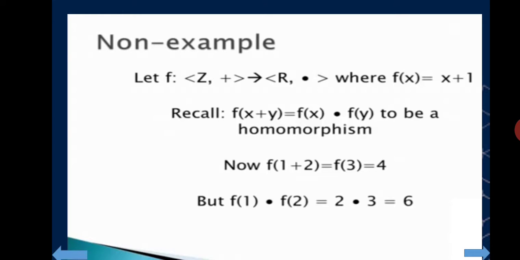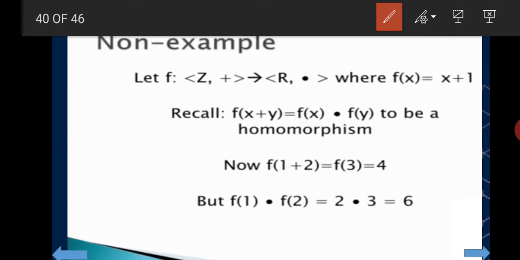So now we have f of 1 plus 2, which is equal to f of 3. Then we need to plug 3 into our function x plus 1, and that would result in 4. But if we plug 1 into f of x, it gives us the result of 2.